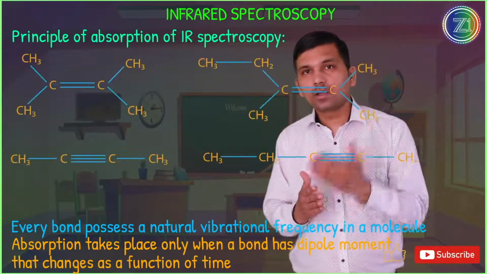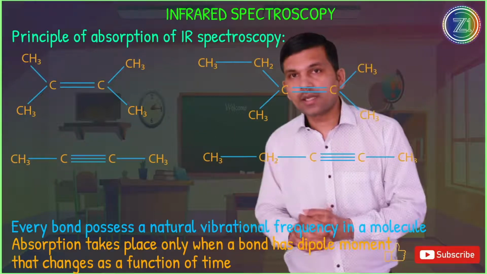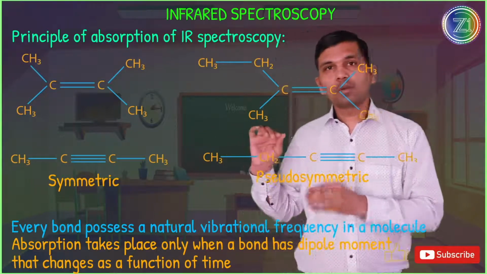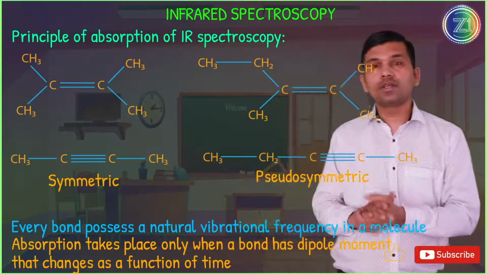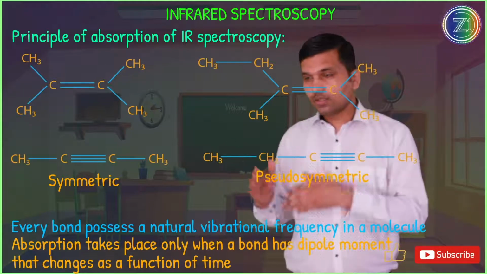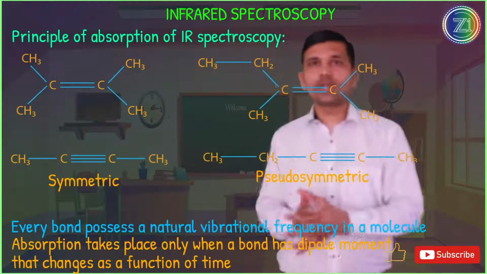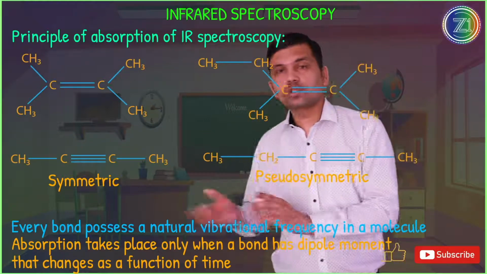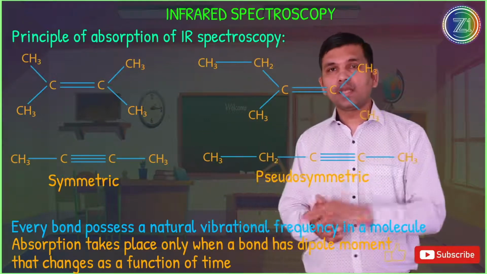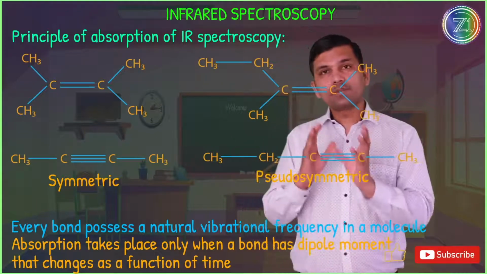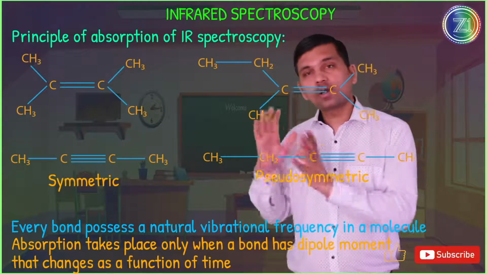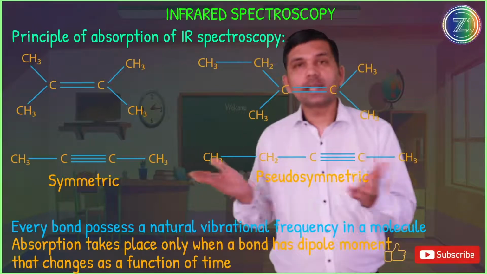There is another example here. Some of the molecules I have represented here: one is symmetric and the other is pseudosymmetric, closer to symmetric. These types of molecules are also not capable of absorbing these IR radiations.